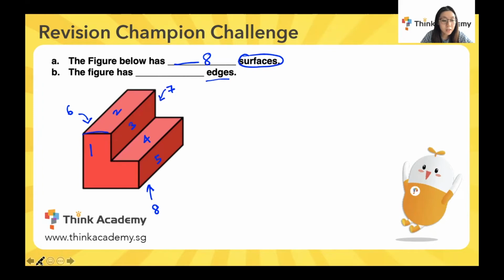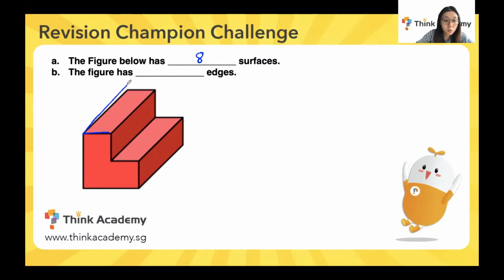Can you see? Okay, I'm going to erase everything so then it's easier for you to see. Okay, so edges mean this line. So we're going to count how many lines are there. Alright, so we're going to count now together. We have 1 here, we have 2, we have 3, we have 4, 5, 6, 7, 8, 9, 10, 11, 12, 13, correct?